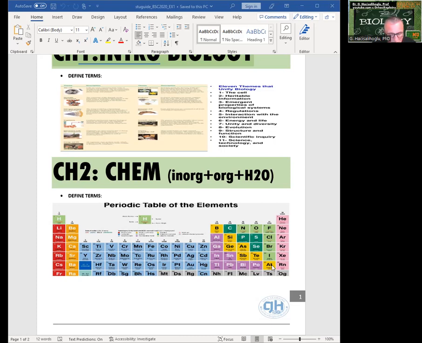Their mass is 1 Dalton for proton and neutron, but electron is negligible. Their location, I already talked about, nucleus and orbitals. So just review the chapter, look at the periodic table, and study each individual group.